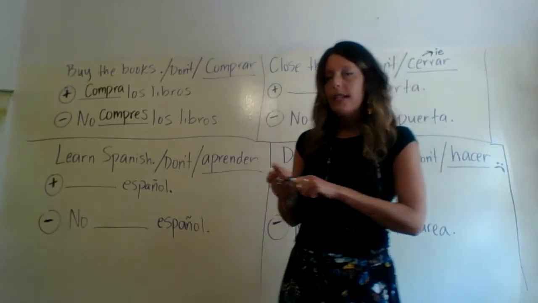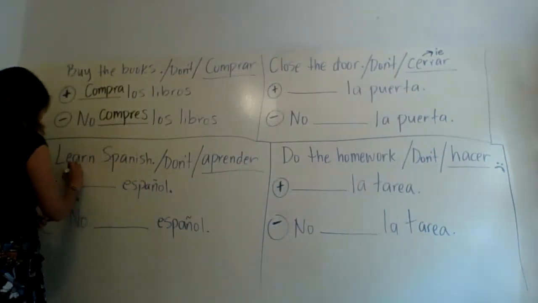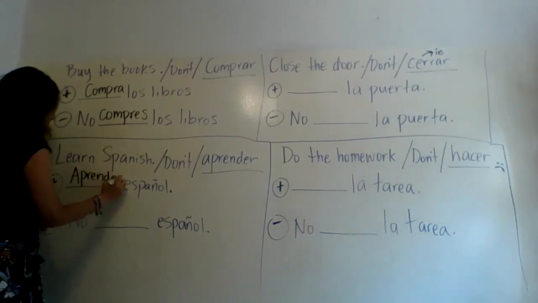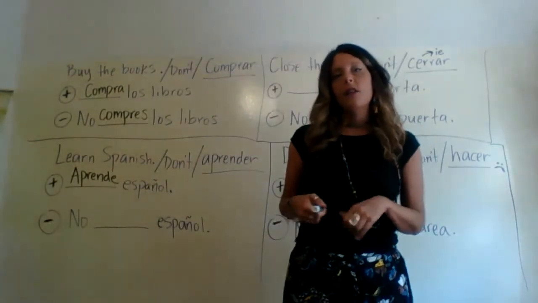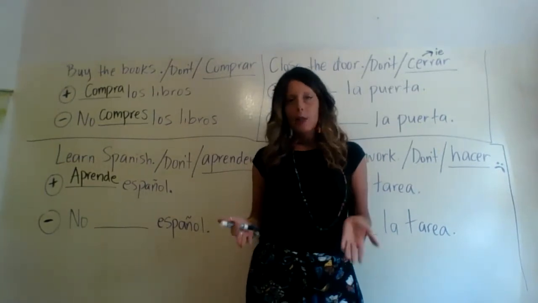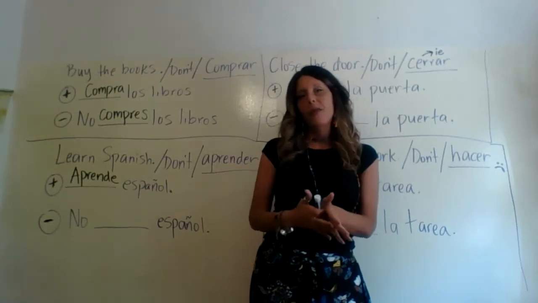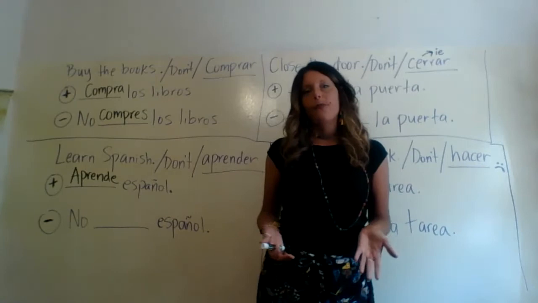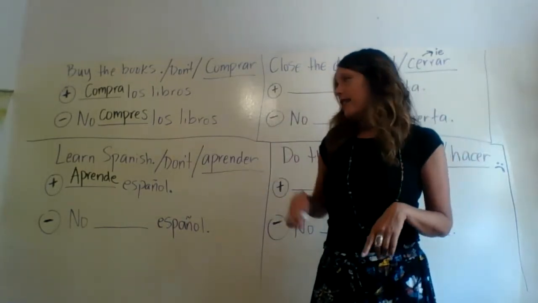So I will throw that down. So I am giving you the affirmative command, aprende español. Remember, informal tú command, affirmative with the verb aprender, aprende español. No matter whether we chose route A or route B, we get the same answer.